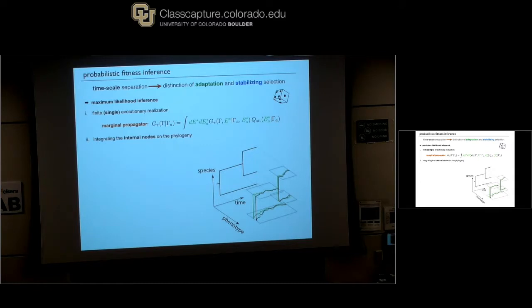And the idea is I can build up a propagator of observing a value of phenotype or mean phenotype, given what I know the ancestor phenotype is, the divergence time between them, and the parameters of the model, C and V, right? So this is the thing we can evaluate from the model. This is what the theory gives us, and it is marginalizing over all possible scenarios of the environment.